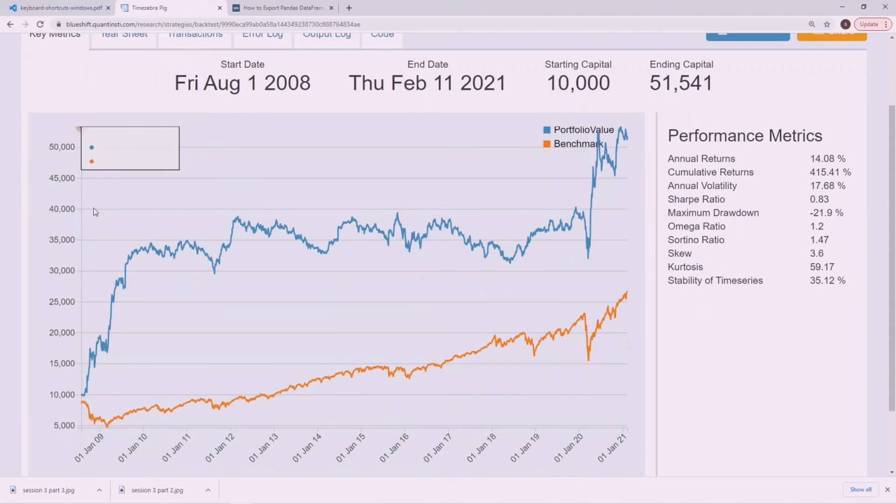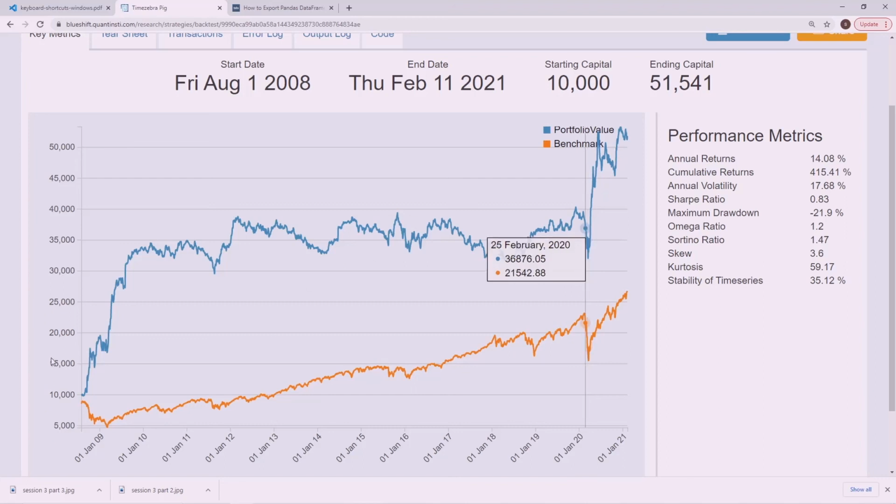You can see a really good part of this algorithm is just flat for about 10 years. It's really the years at the beginning and in the end that the algorithm performed fairly well.